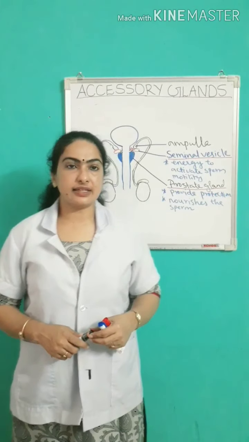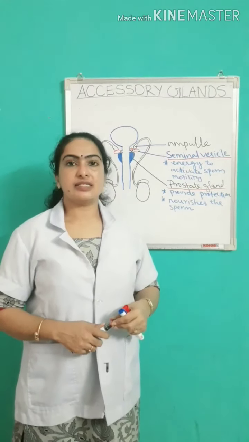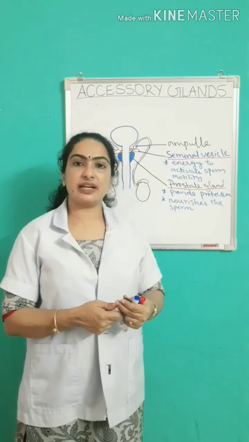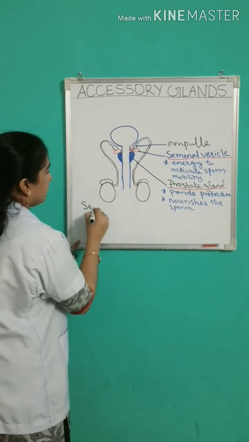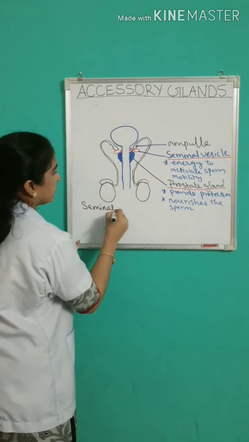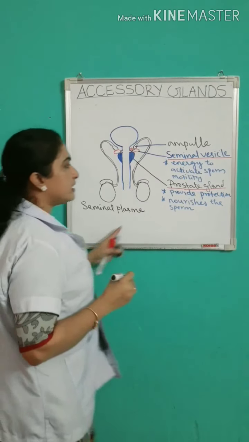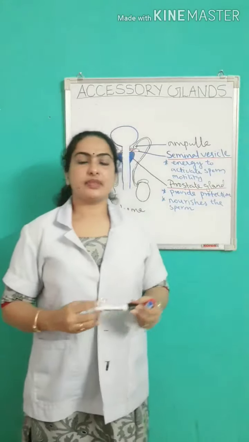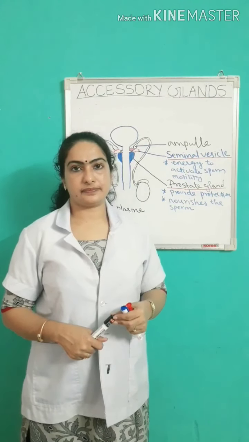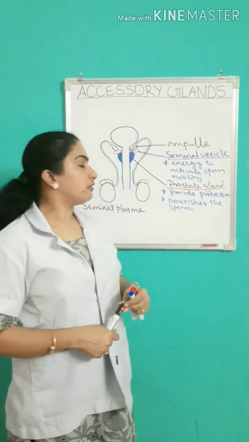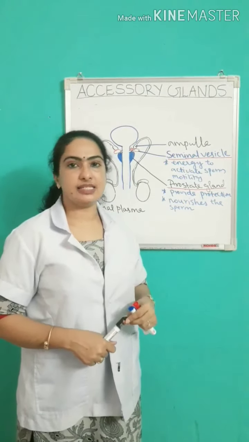Now we can see the secretions of these two glands are known as seminal plasma. And this seminal plasma provides nourishment to the sperm, and it also makes the transportation of sperm easier.